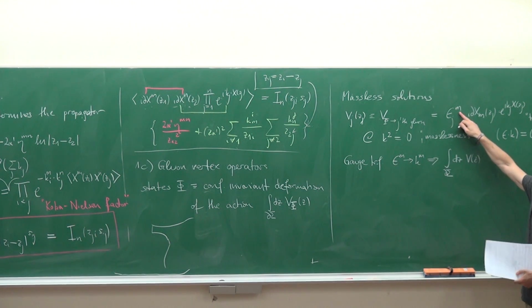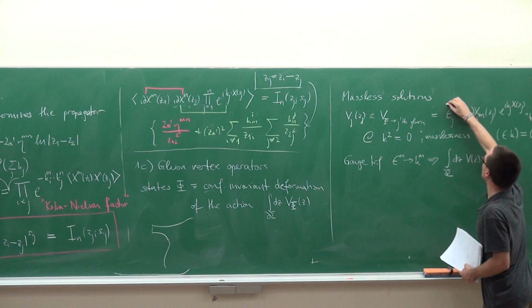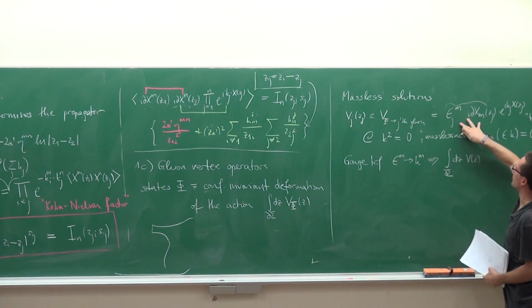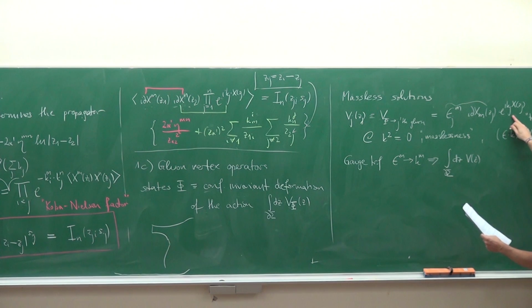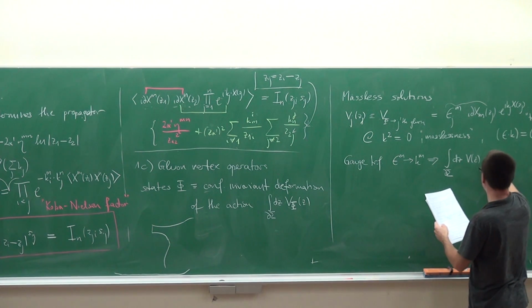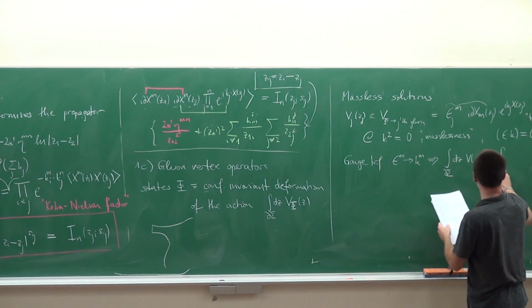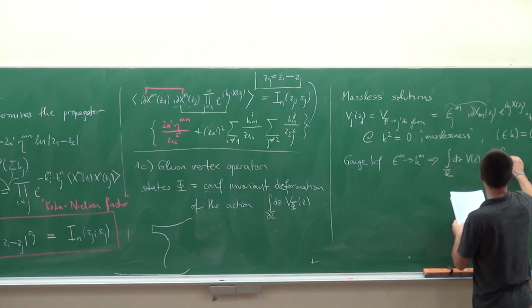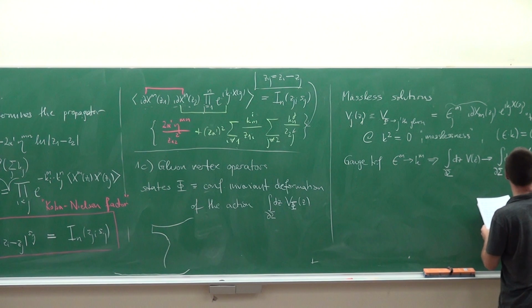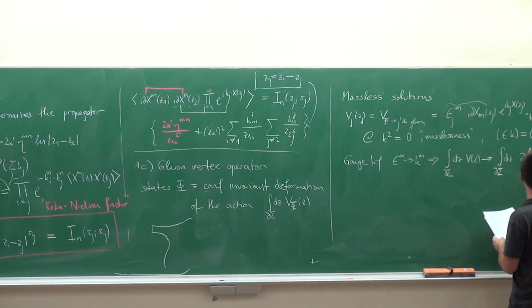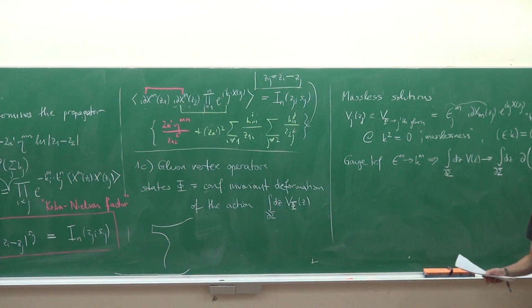In that limit you can regard this as descending from taking a total derivative of the exponential. And this is a good point to state the general rule of thumb in string theory.